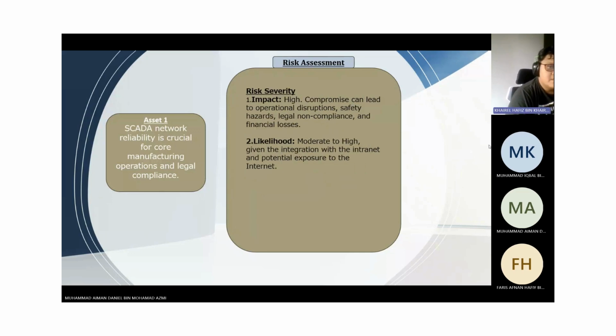And there is the risk severity, which is one is impact and second is likelihood. Impact will be high because compromise can lead to operational disruptions, safety hazards, legal non-compliance, and financial losses. And the likelihood will be moderate to high, given the integration with the internet and potential exposure to the internet.